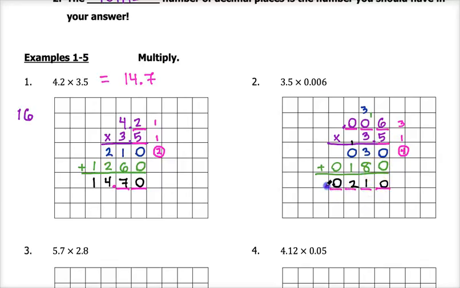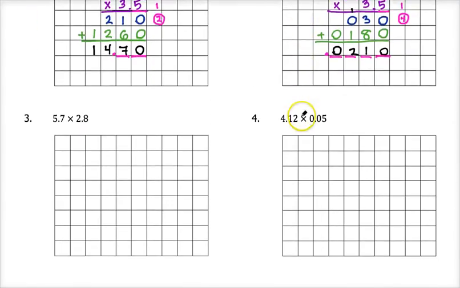So our decimal point should go here to the left of this 0. So we end up getting 0.0210. Remember that this 0 here isn't necessary. You could just write this as 0.021, but do make sure you have the 0 to the right of the decimal.